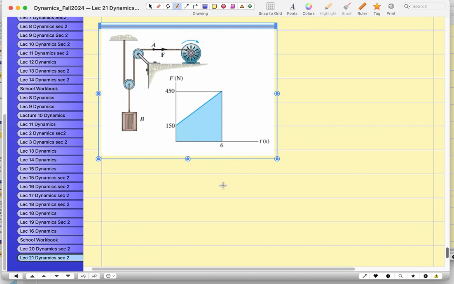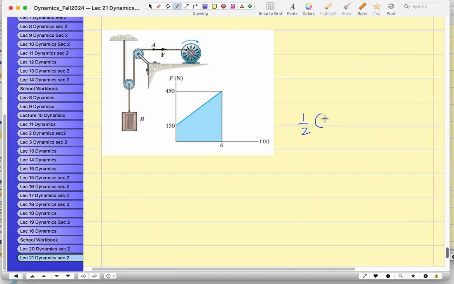If you solve for the area under the curve, it's a trapezoid, so I can write half times base times (150 plus 450) divided by 2. This is the impulse of one force, but you have to multiply by 2, since there are two impulses.